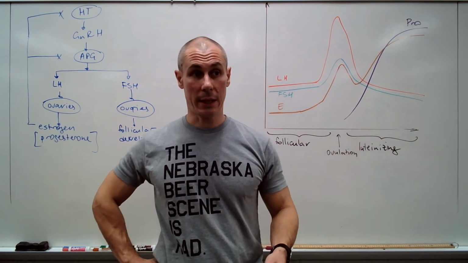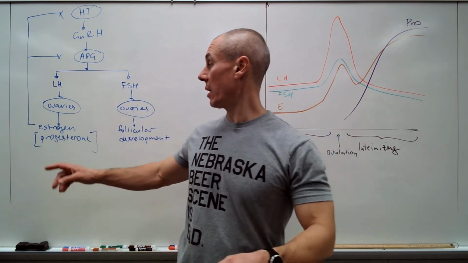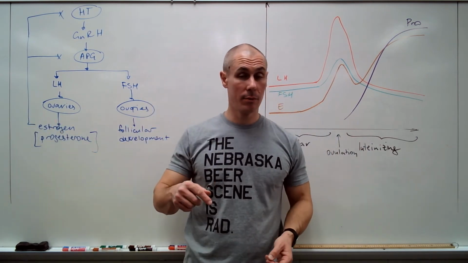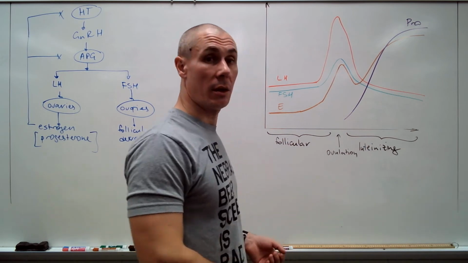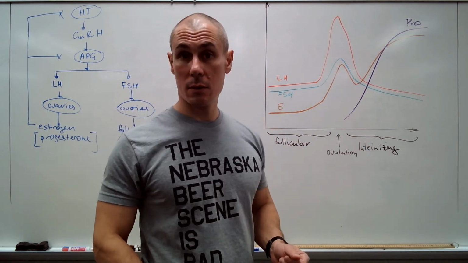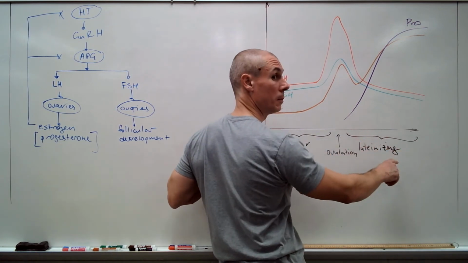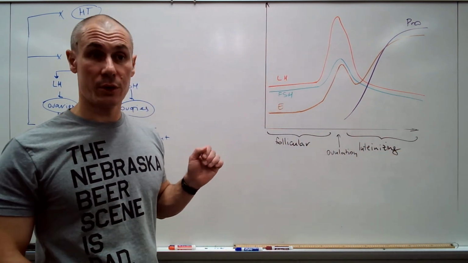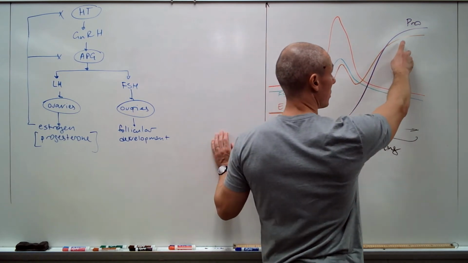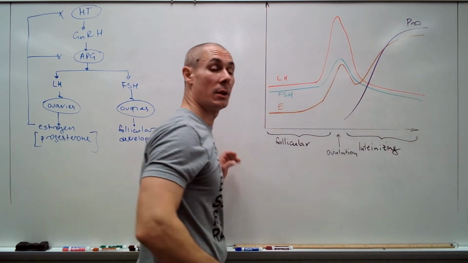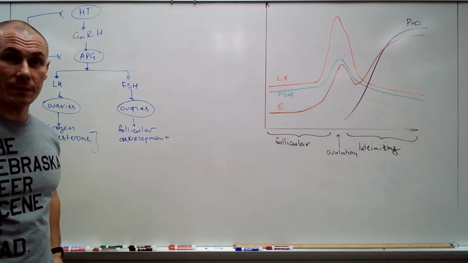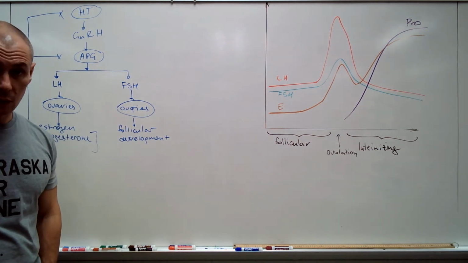Now, what happens next? The feedback mechanism switches back to negative, and the remnants of the follicle, so-called corpus luteum, start producing large amounts of estrogen and progesterone. Does that make sense to you? Good?